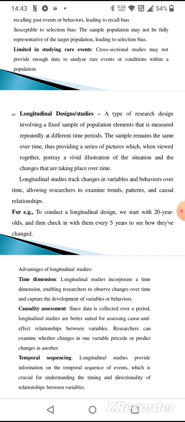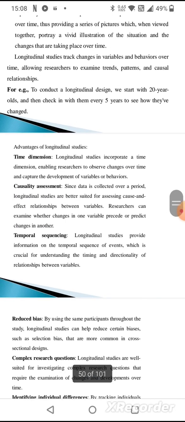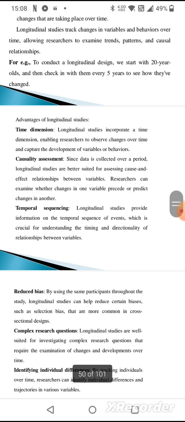The sample remains the same over time, thus providing a series of pictures which, when viewed together, portray a vivid illustration of the situation and the changes taking place over time. Longitudinal studies track changes in variables and behaviors over time, allowing researchers to examine trends, patterns, and causal relationships.